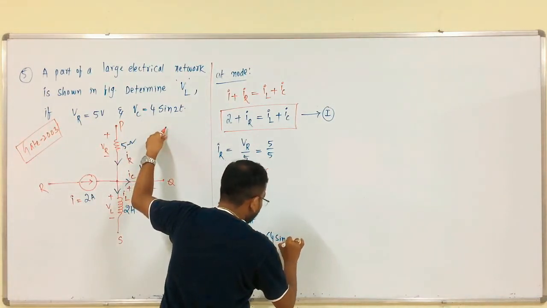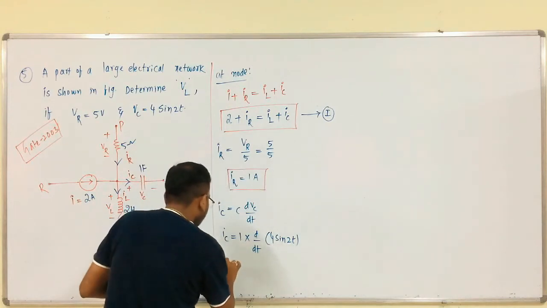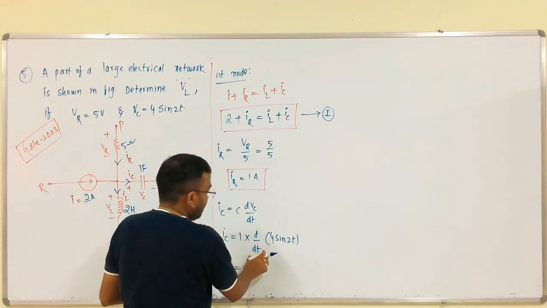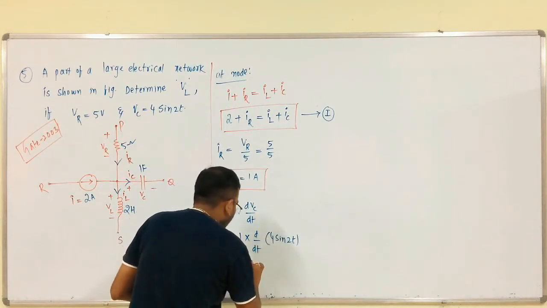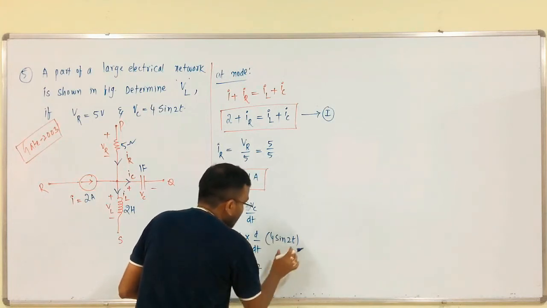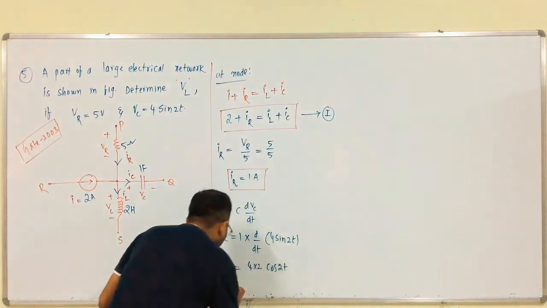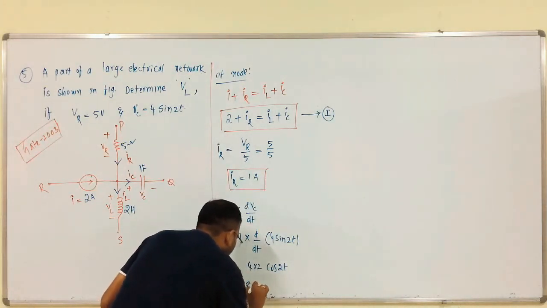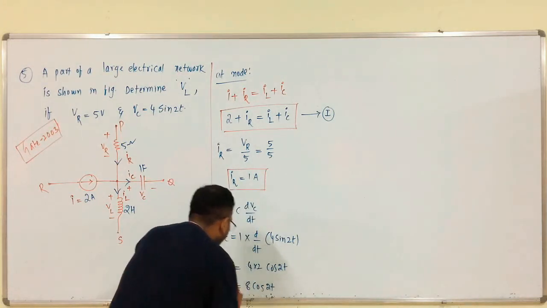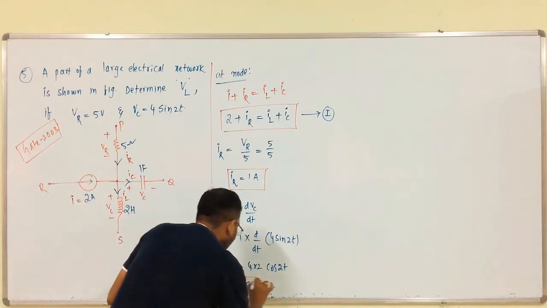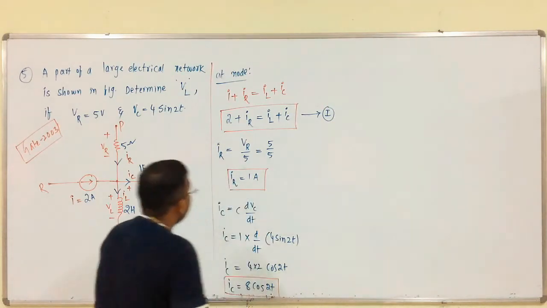Differentiation of 4 sin 2t is 4 into 2 cos 2t, so IC is equal to 8 cos 2t. So, we have IR, IC and I.